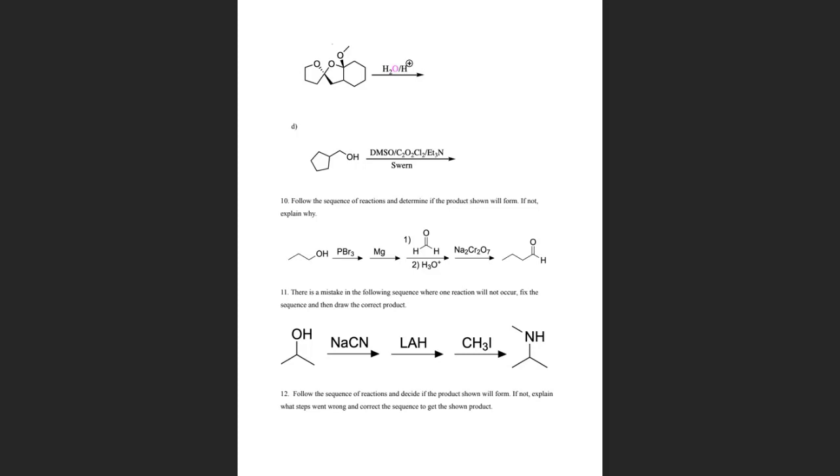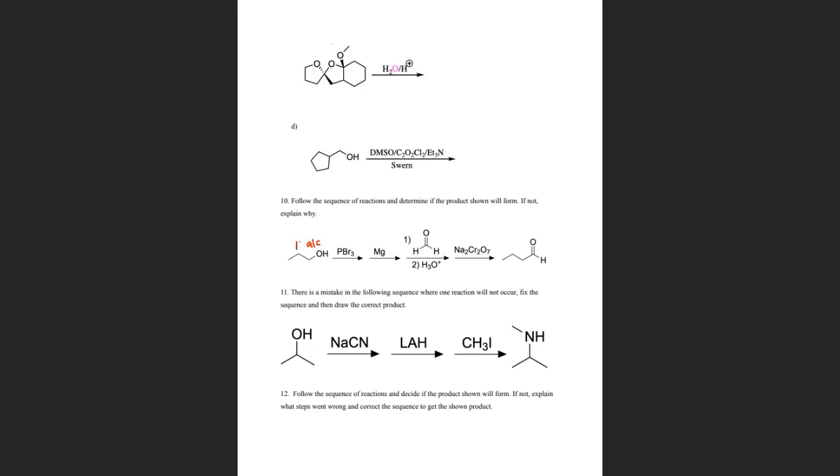So we're given a primary alcohol. I also like to label things that I'm given in the problem, just to keep my head on straight. So we're given a primary alcohol reacting with PBr3. So we know when that happens, we get an alkyl halide.